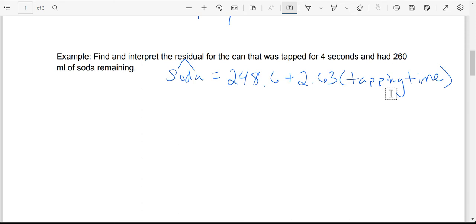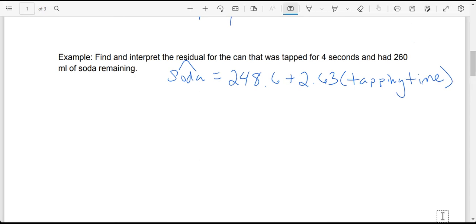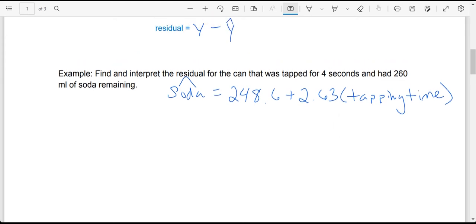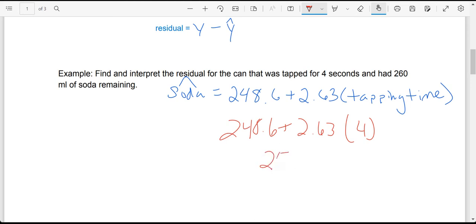So if we put 4 seconds into our regression, so 4 in, what would come out? It would be 259.12 milliliters.